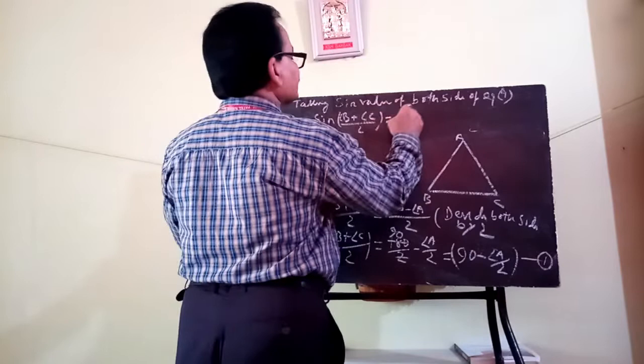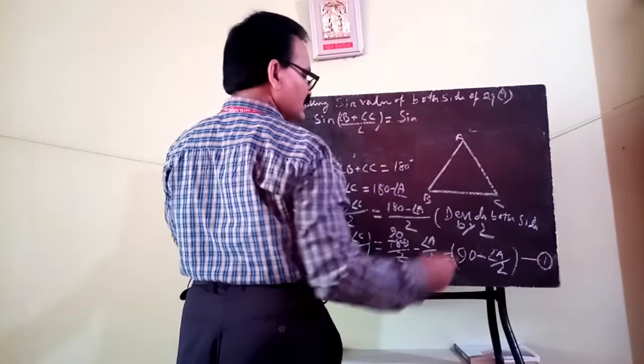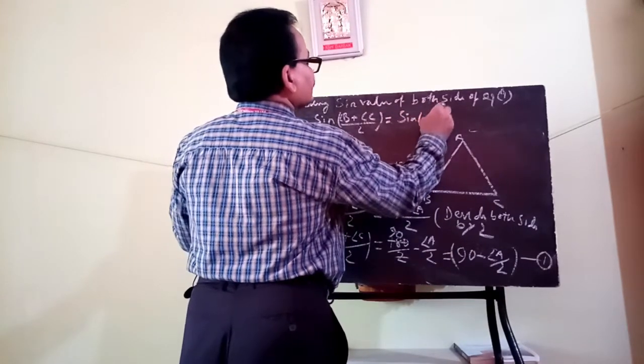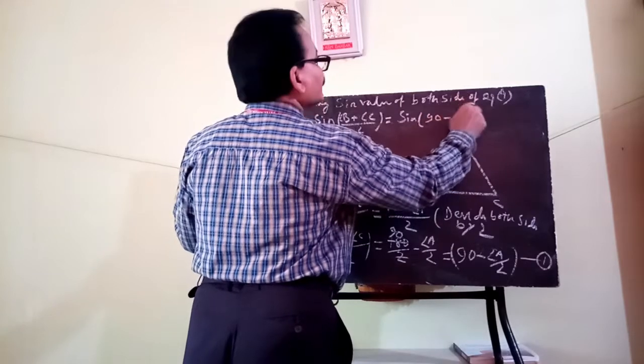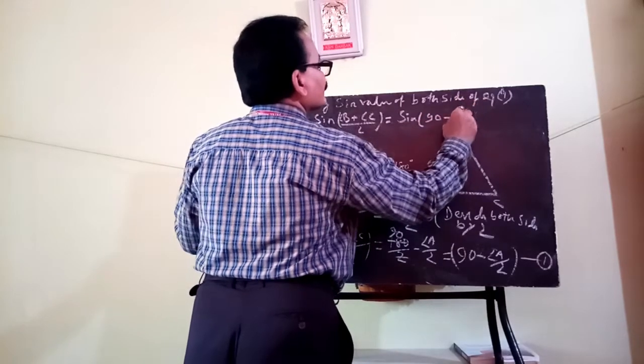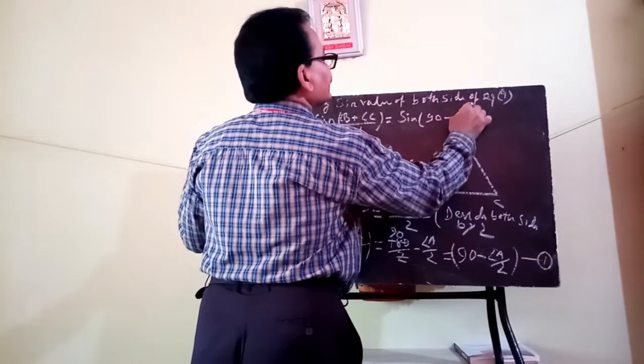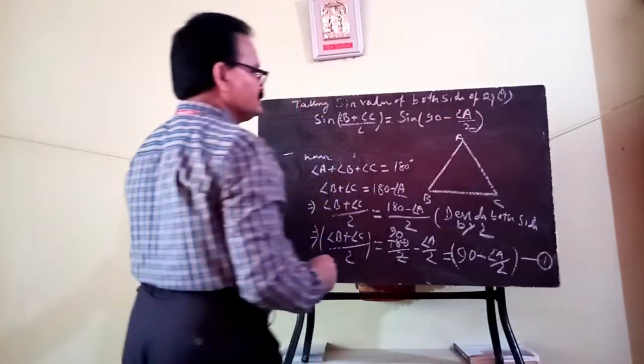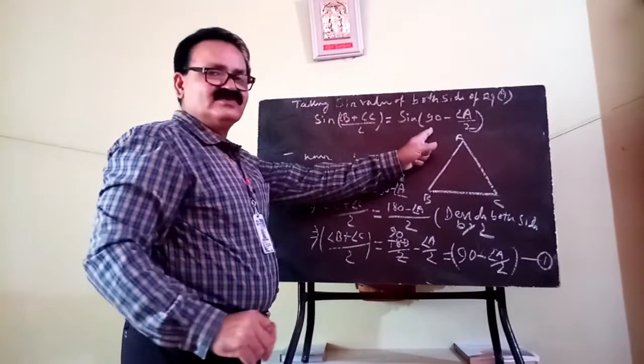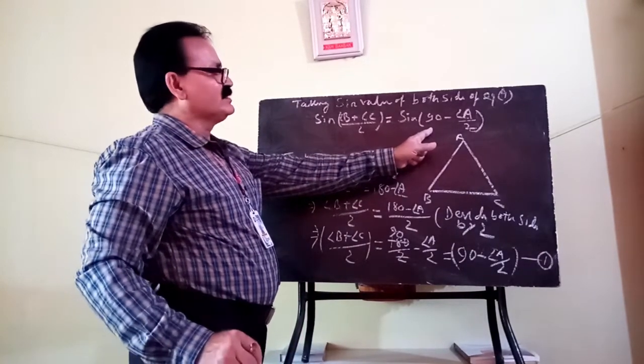This is also sin of 90 minus angle A by 2. So here you apply the rule for the complementary relation.